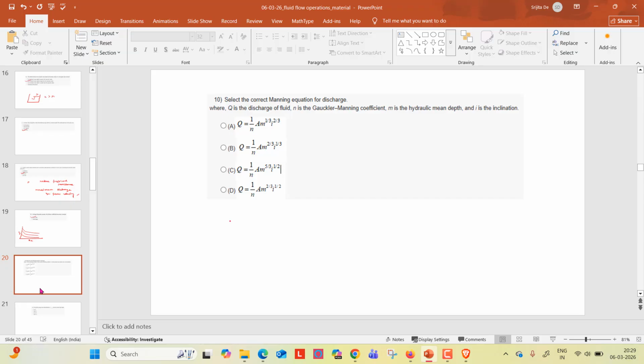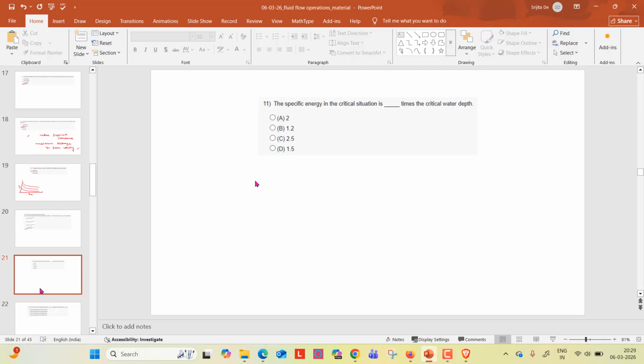We have just solved an equation depending on Manning equation. The specific energy in the critical situation is what times the critical water depth? We have done the derivation of it. So Ec equals 1.5 of Hc. It is option D.